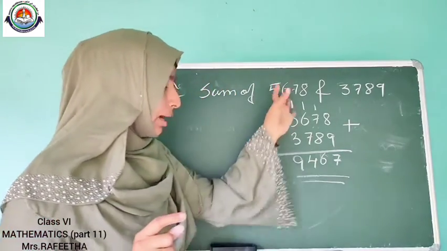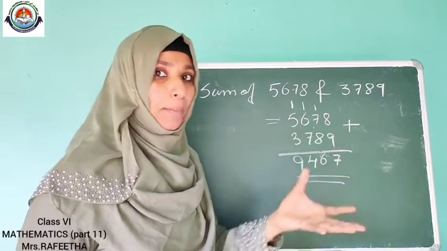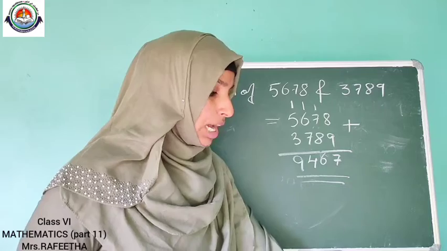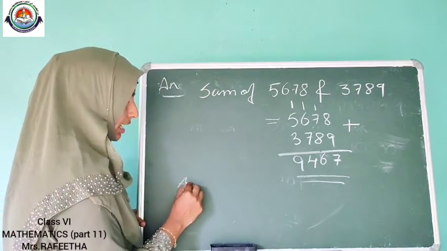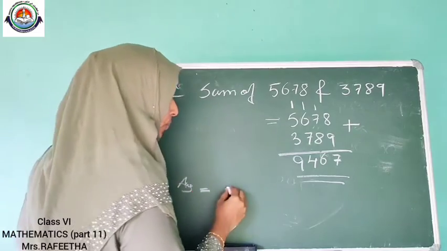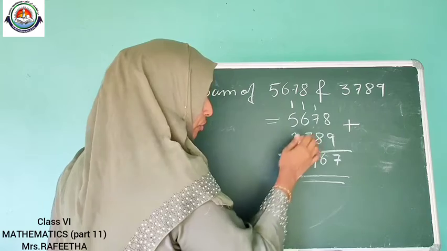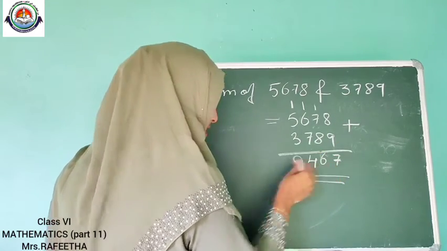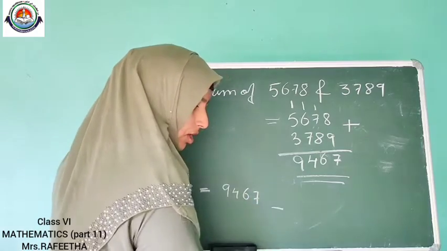No. They said that from the sum of these numbers, we want to subtract 3789. So the answer is equal to the sum of these numbers, and from this sum, from this result, we want to subtract 9467.